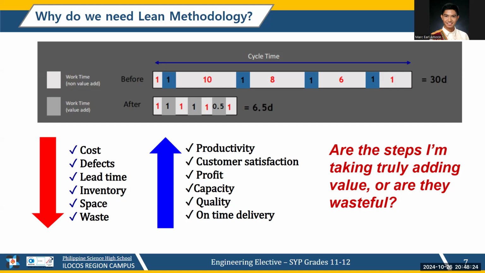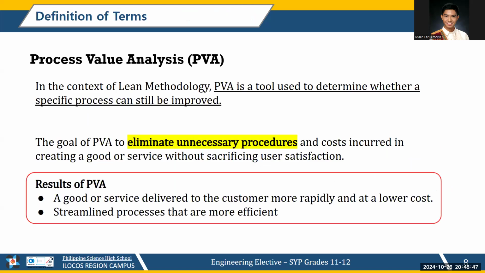And if we can do this, at the same time, we can increase the following. There is an increase in productivity, and this will lead to customer satisfaction, profit to your company, more capacity, higher quality, and of course, on-time delivery of your goods and services.